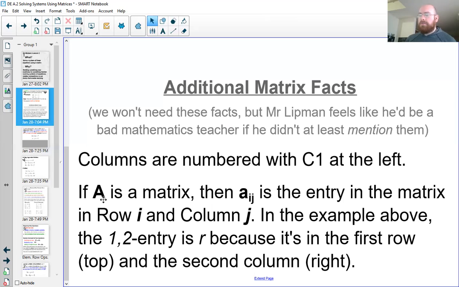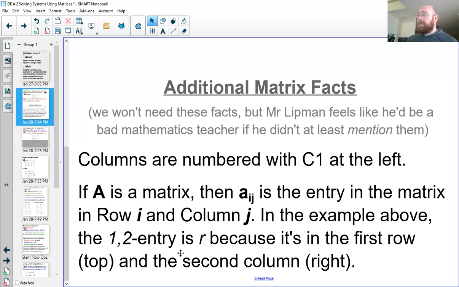We tend to call matrices by capital letters. So if capital A is a matrix, then lowercase a with the subscript ij is the entry, the individual number, in the matrix in row i and column j.